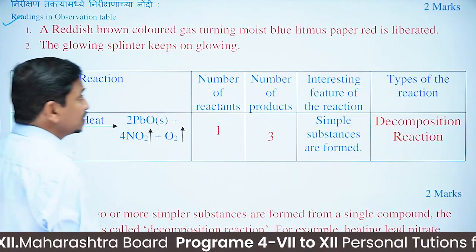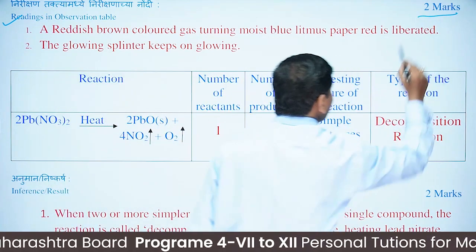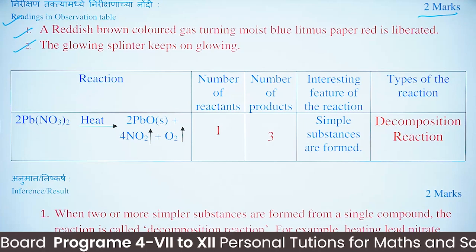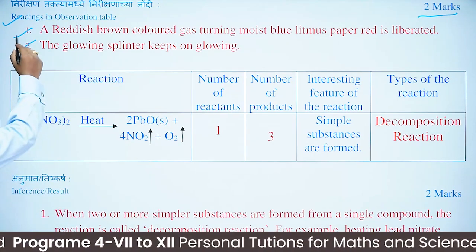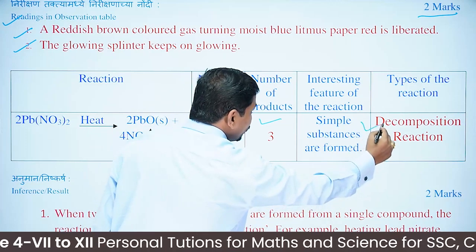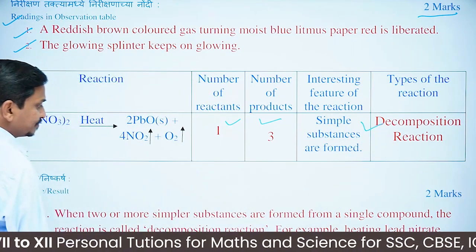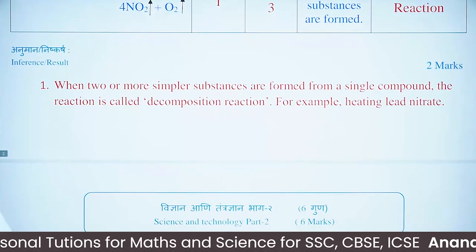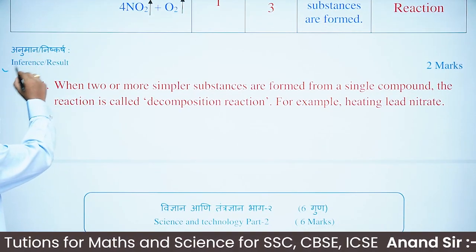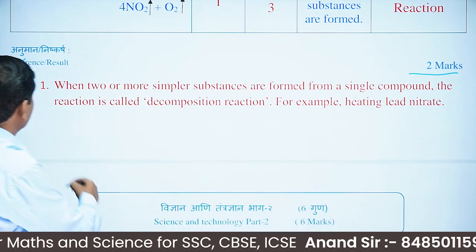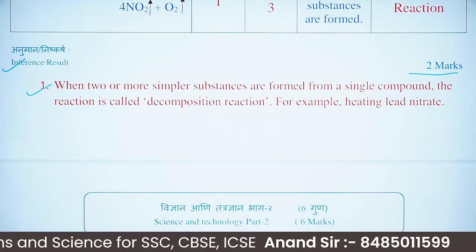For observation table, you will get 2 marks. 1 mark for writing this point. Any 1 point you will get 1 mark, and 1 mark for filling any 2 blanks in the observation table. For conclusion, you will get 2 marks. For writing this point, you will get 2 marks.